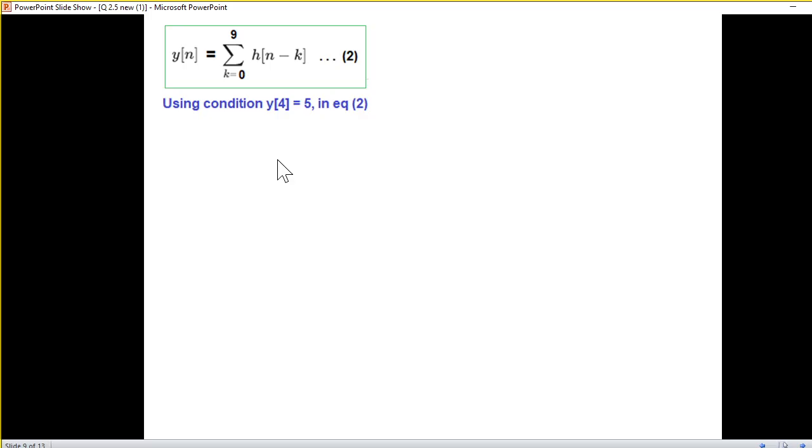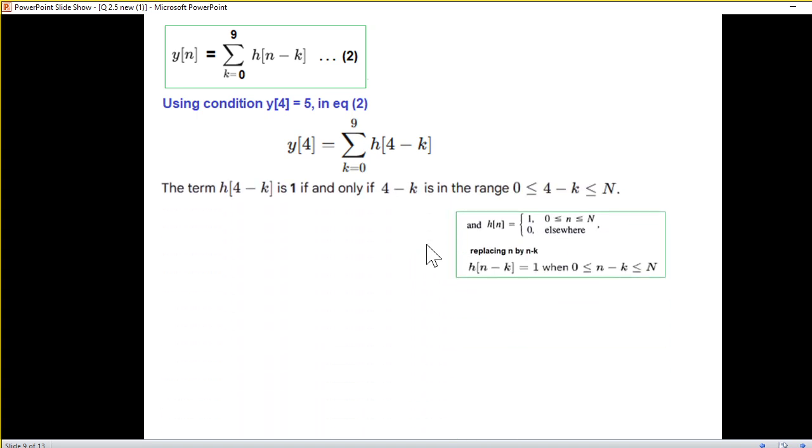Now we'll be using the first condition given, and that is y[4] is equal to 5. So we'll put y[4] equal to 5 in this equation. So n is 4. Here also n is 4. Now the term h[4 minus k] is 1 only if 4 minus k is within this range.